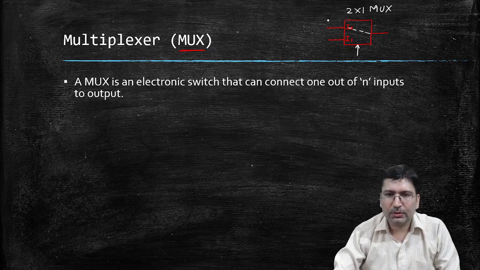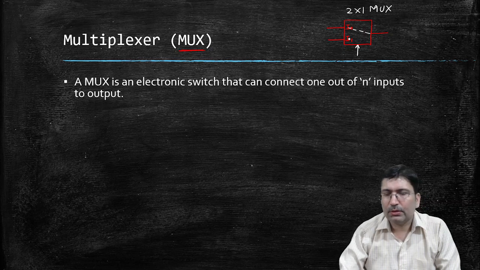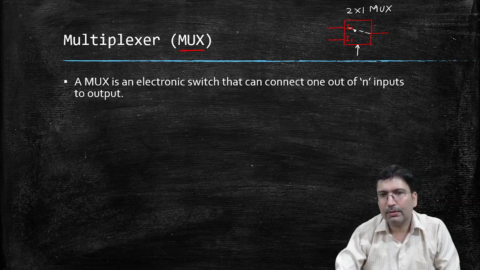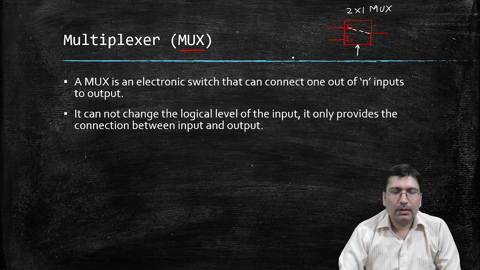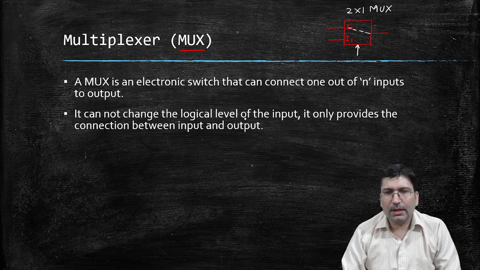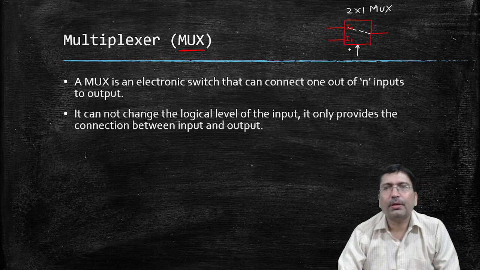It is a kind of switching circuit which transfers the input line to the output. There is only a single output but multiple inputs. At a time only one input will be connected to the output. Now it cannot change the logical level. Whatever input we are passing, it does not change it.